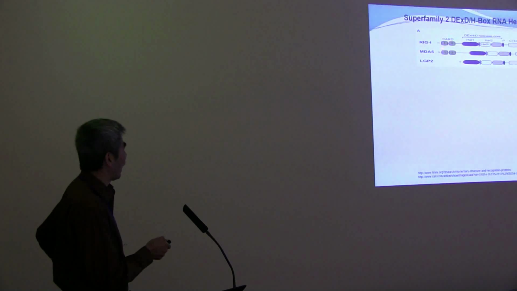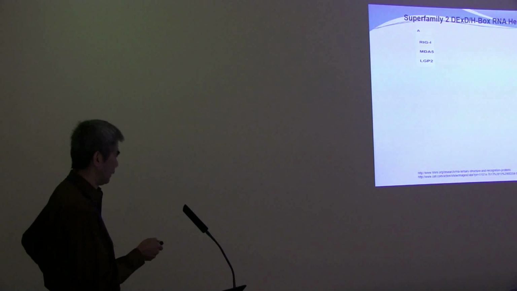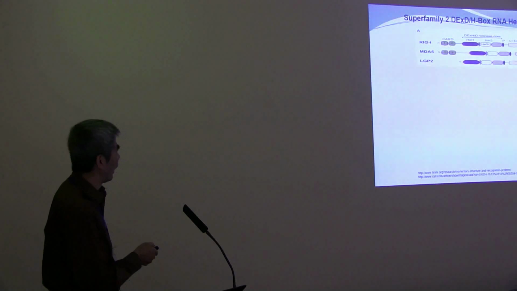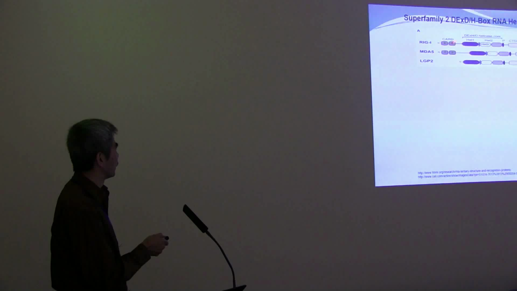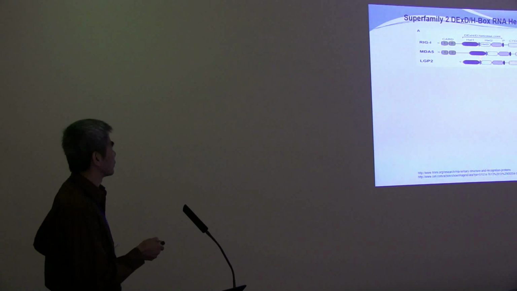Both RIG-I and MDA5 can recognize RNA and trigger the signaling pathway, but the functions of these two receptors are not redundant. MDA5 mainly recognizes long double-strand RNA, and MDA5-mediated signaling needs the cooperation of LGP2.